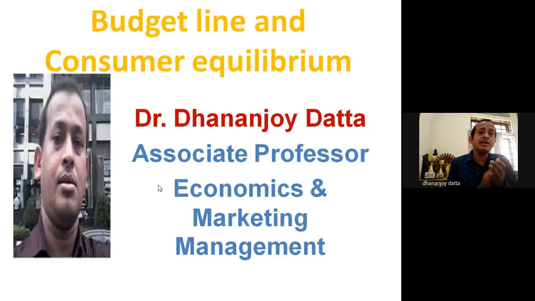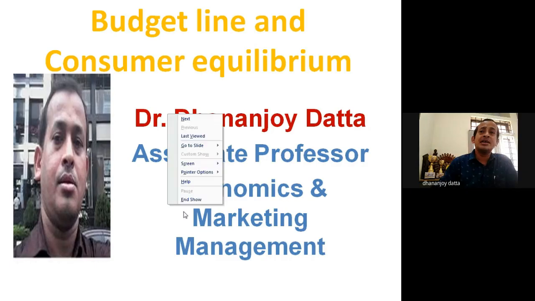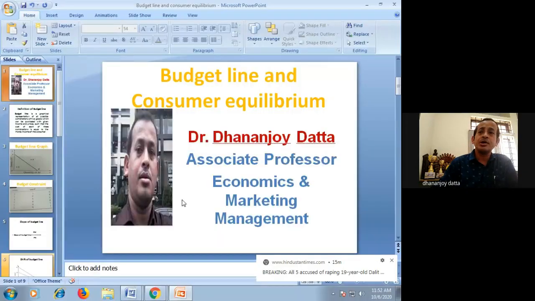Then third question: what do you understand by consumer equilibrium? Discuss the consumer equilibrium graphically. Then another question: what is budget constraint? Give example. So these are some questions we have addressed during today's session, and next session we'll meet with another topic.